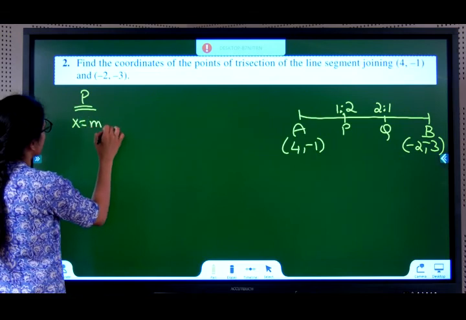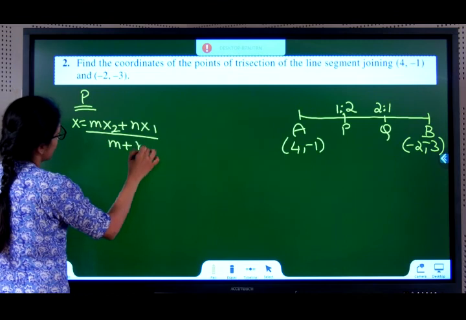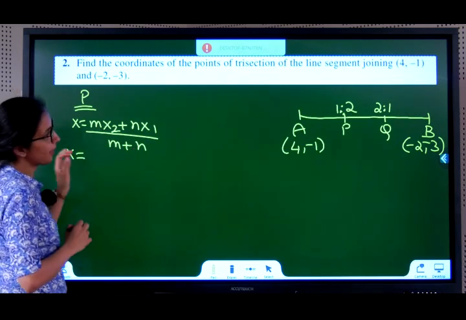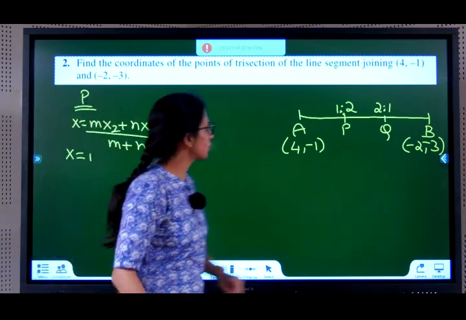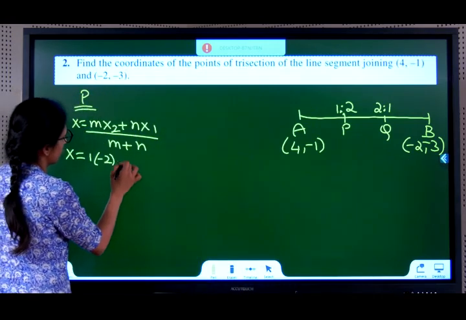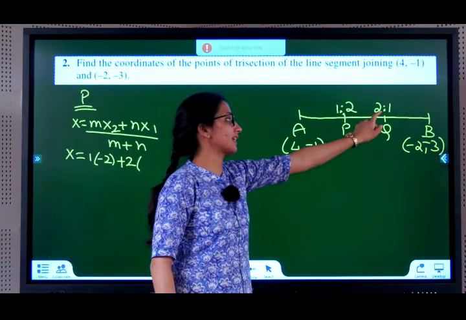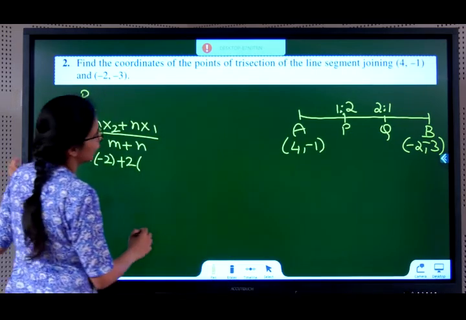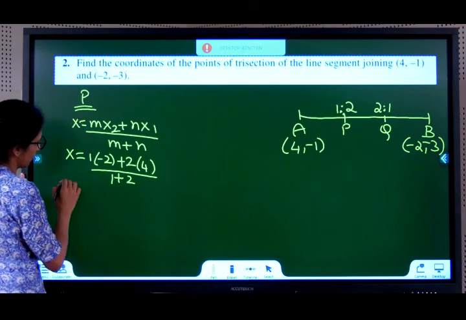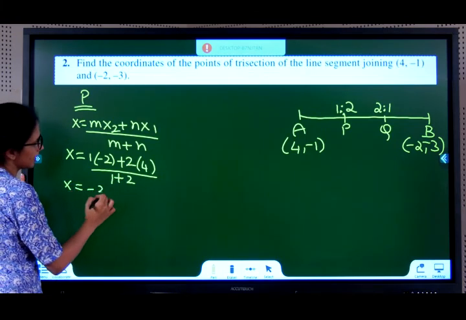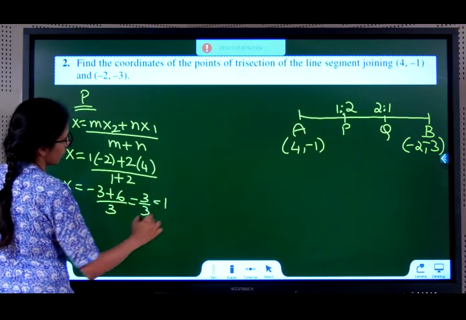x is equal to mx2 plus nx1 divided by m plus n. X is equal to m1 into x2 minus 2 plus n2. So, this is our m and n. For next case, this will be our m and n into x1 4 divided by 1 plus 2. So, x is equal to -3 plus 6 by 3, 3 by 3, 1.